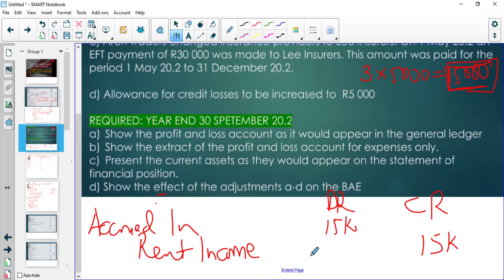As you can see, the effect on the basic accounting equation of this adjustment is that your assets are going to increase, and your rent income, your equity, is going to increase. So now we have our rent income.